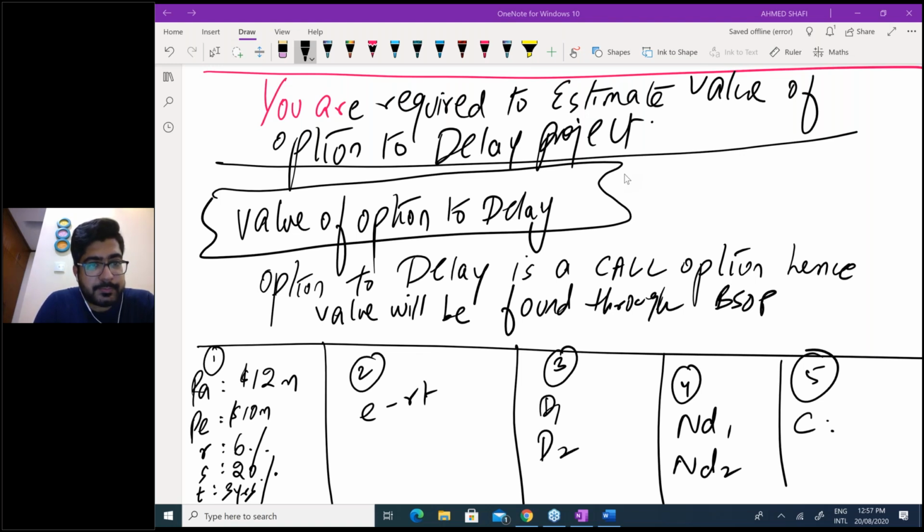Yes, Sarima, yes. Yes, Ipinwa, either you will get delay, early exit, or expand, and you need to find value through BSOP. These 5 steps need to be applied. In step 1, PA, PE, R, S, T should be used. R, S, T would be given, and I've told you specifically what is PA and PE for each option.